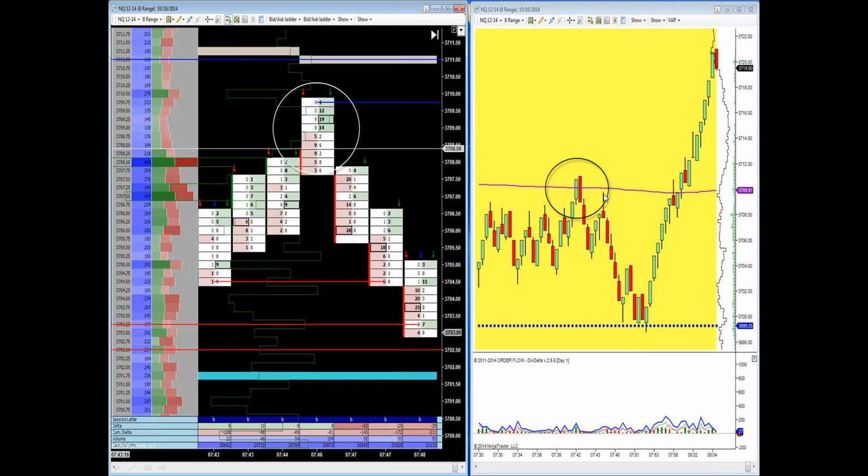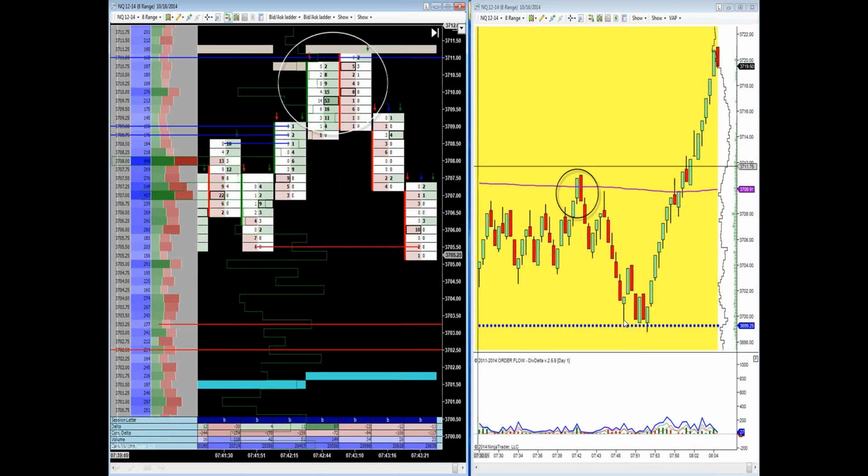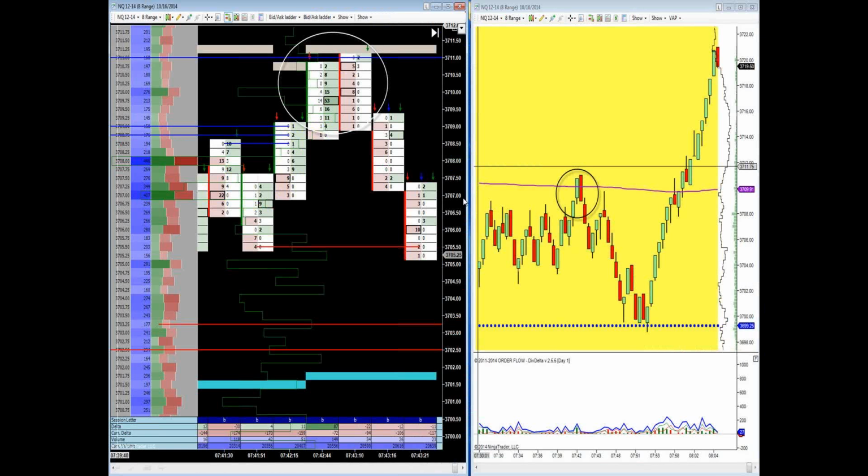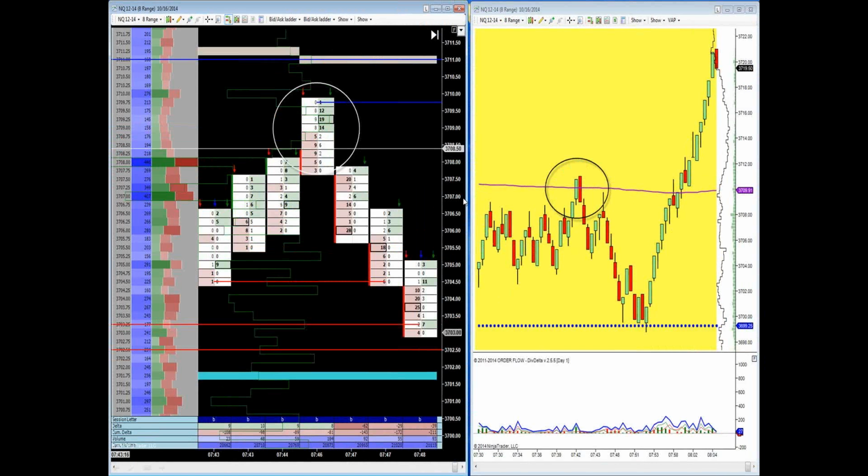Then you could go ahead and short, knowing that the worst case scenario is that you're probably going to trade as low as the junk here to your left, this congestion area. Best case scenario is you trade down to the value area from the previous day. Absolute best case scenario would be trading back down, this is a different chart, but into the blue area. So that would be the worst that would happen.